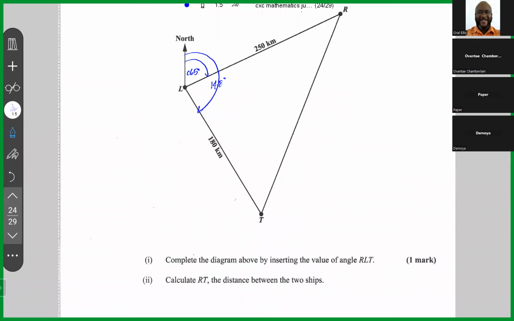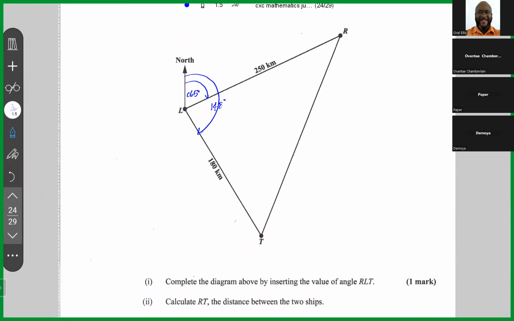We're to complete the diagram by inserting the value of angle RLT. We need that angle RLT. Here's what we know. The angle from north coming around to LR is 65.